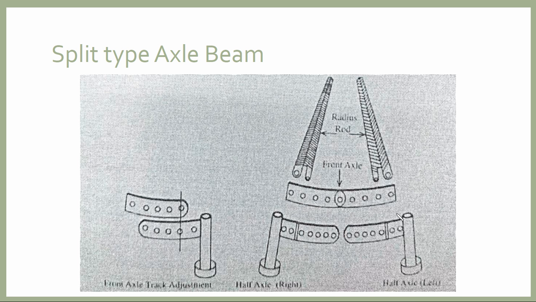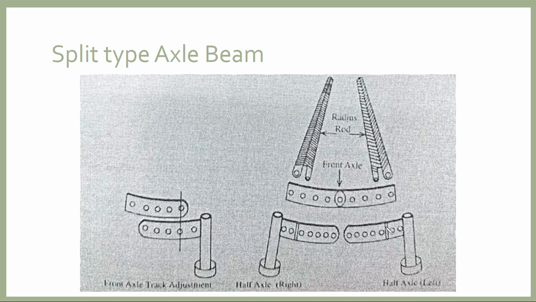These half axles are connected with this front axle like this. So this is the front axle track adjustment. If it is needed to increase it, then this push point is connected with this point, so the axle is lengthened. When it needs to be shortened, this push point is connected with this other one, so the length of the axle will be shortened. So these are the split type of axle beam.